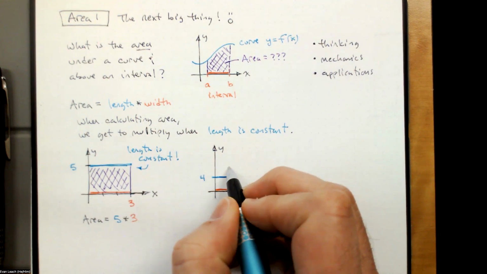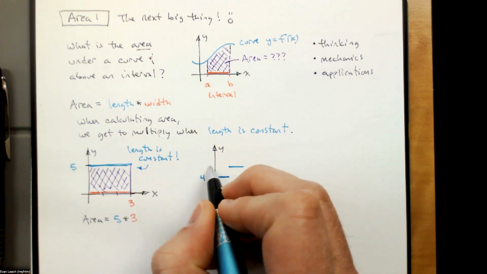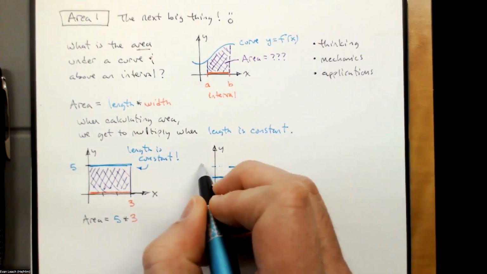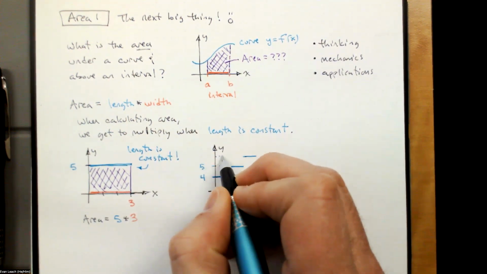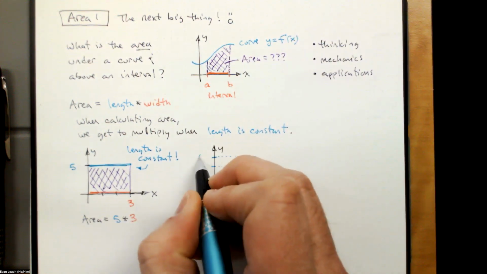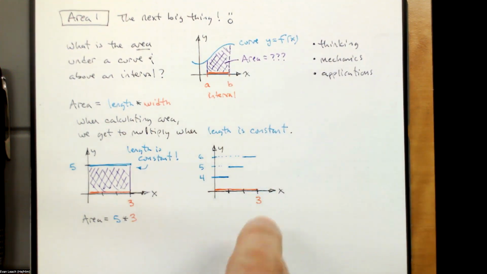And then over here, the length is going to be 5. And then on this last one, length is equal to 6. So in this example, length is not constant. We can't just multiply because we don't have 3 of one length. I don't have 3 5s. I've got 1 4, 1 5, and 1 6. So I don't get to multiply.